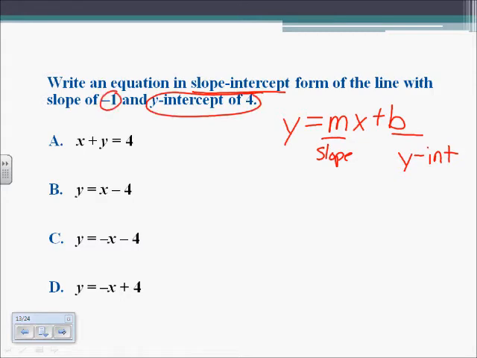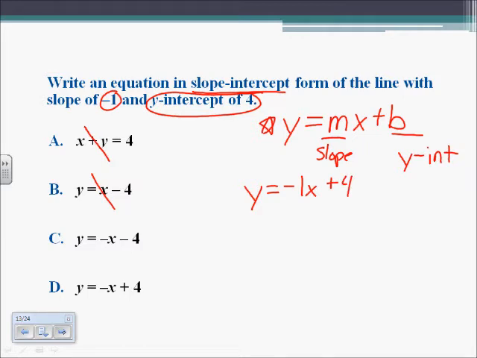Okay, so taking a look at our choices, we know it can't be A because it doesn't even look like the equation. Okay, again, the equation with a star next to it. We do have to take a look at choices B, C, and D. We have slopes of negative 1, and again, it cannot be B then because we don't have a negative slope, and we're left with choices C and D. We know that if we replace our values in, we have y is equal to negative x plus 4 because it's positive 4.